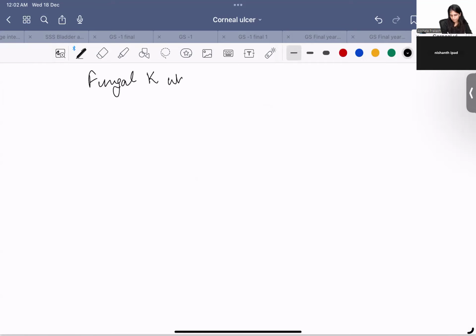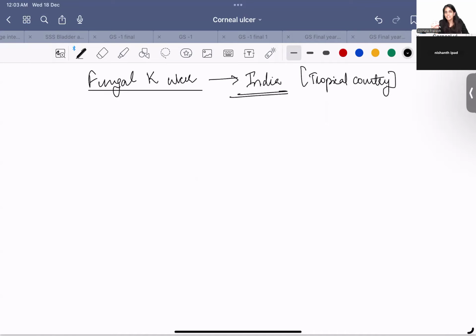Fungus usually grows in dry, moist environments. So tropical countries are your favorite for your fungals, any fungal lesion. And in corneal ulcers, it has to be fungal corneal ulcer if the patient is coming from a tropical country. Whereas in your Western countries, it is your bacterial corneal ulcer that is more common.